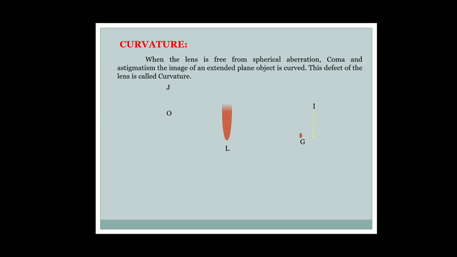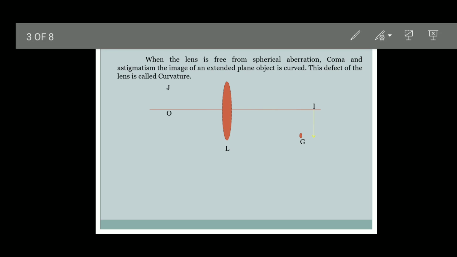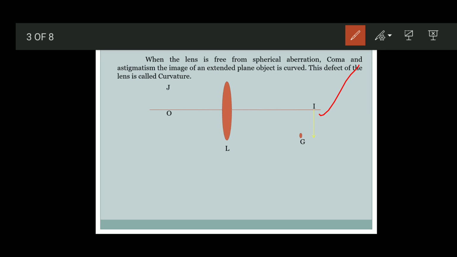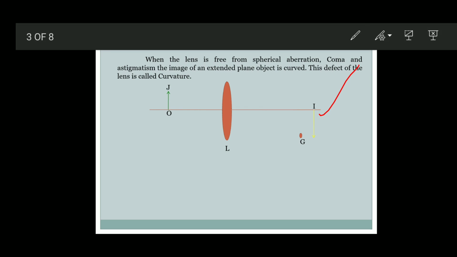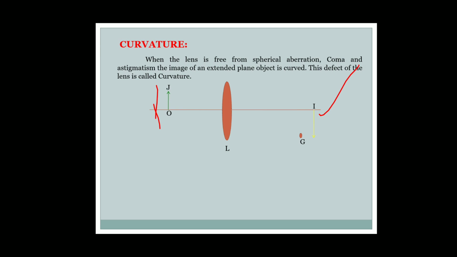As shown in this diagram, this is a convex lens, and this is a straight line which is passing through the center of the convex lens. OJ is an object. It is an extended object placed in front of the convex lens. The ray coming from the object is incident on the convex lens and its image is formed at IG.